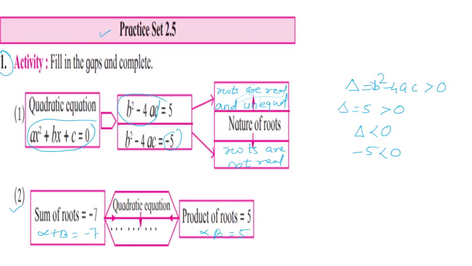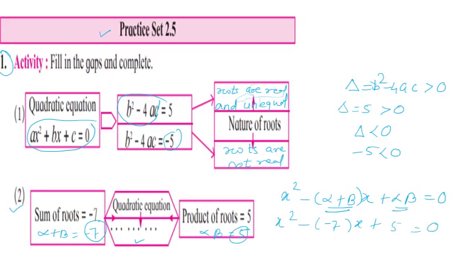To obtain it, we have seen the formula x square minus (alpha plus beta) into x plus alpha into beta equals 0. Now see, x square minus (alpha plus beta), which is given as minus 7, so minus 7x, plus alpha into beta, which is given as 5, equals 0.